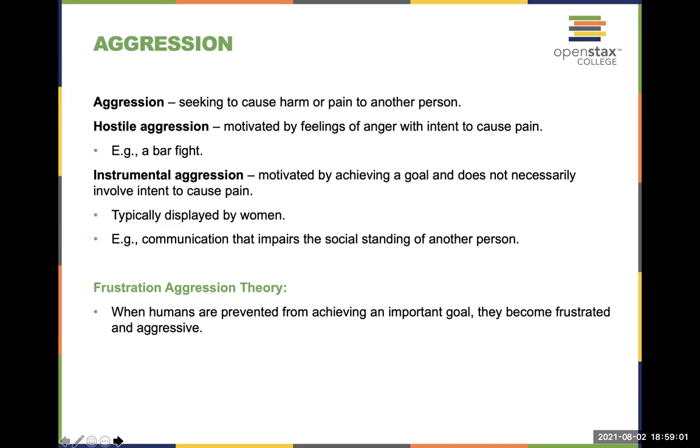And then there's instrumental aggression, which is motivated by achieving a goal and does not necessarily involve the intent to cause harm or pain, right? But it's designed, for instance, spreading rumors or gossip would be an example of instrumental aggression.